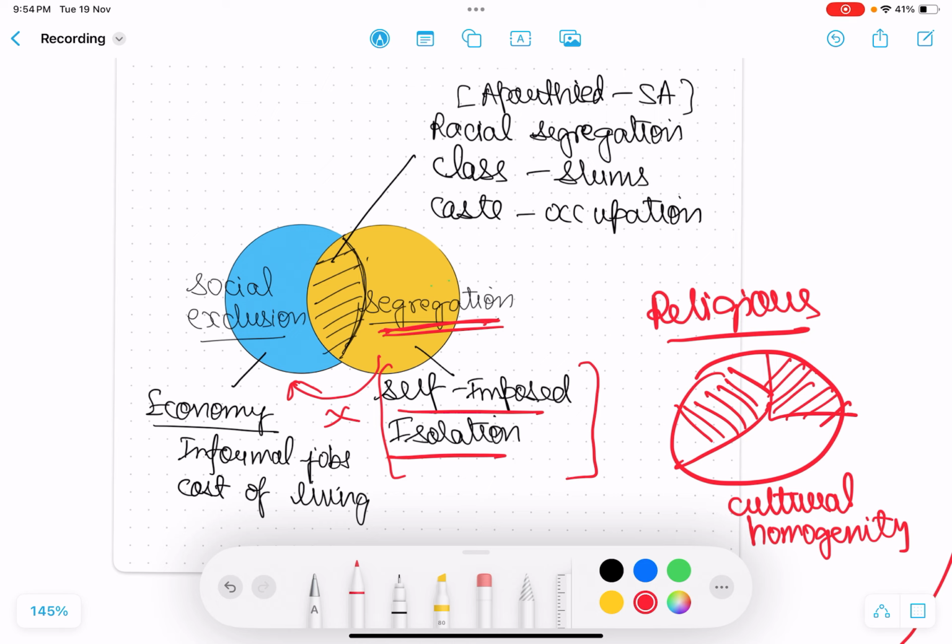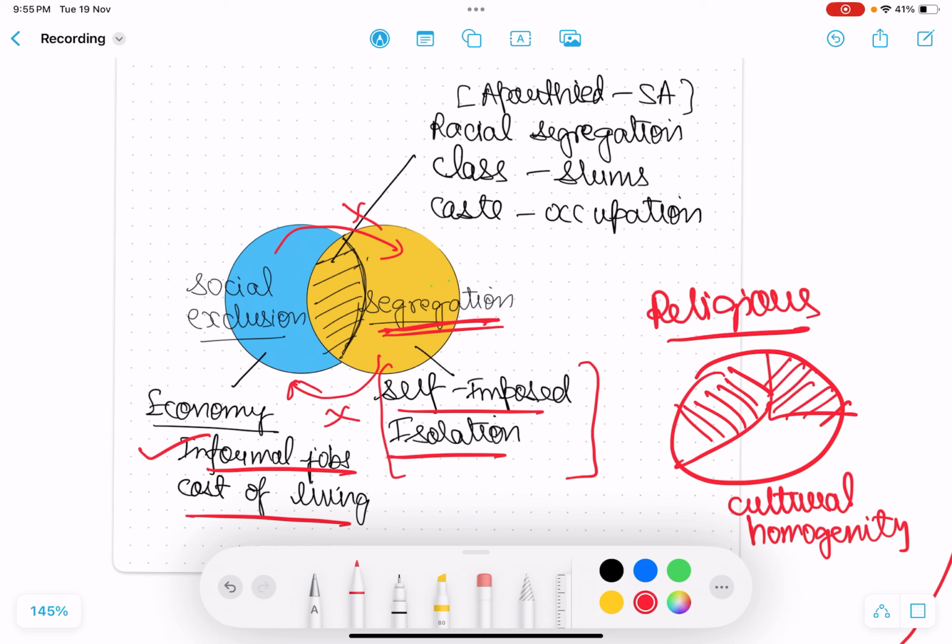And then getting to social exclusion, which is not segregation. So for example, in the economy, we have people who are in informal jobs, and there's a lot of high cost of living. And so they are excluded from good opportunities in society, from partaking in, let's just say, high quality education, having access to it, or a lot of other opportunities.